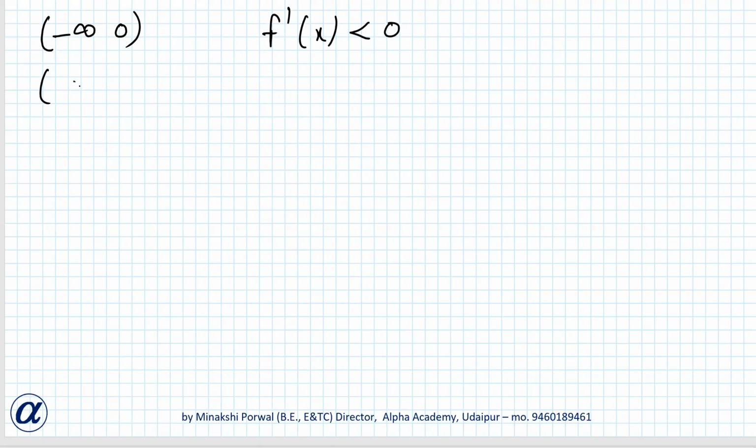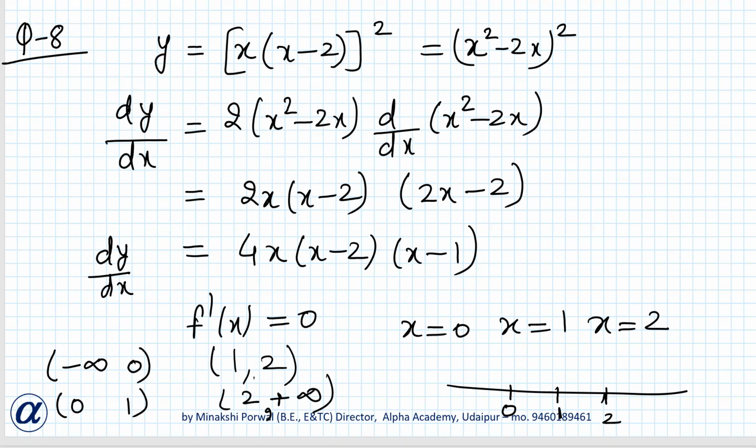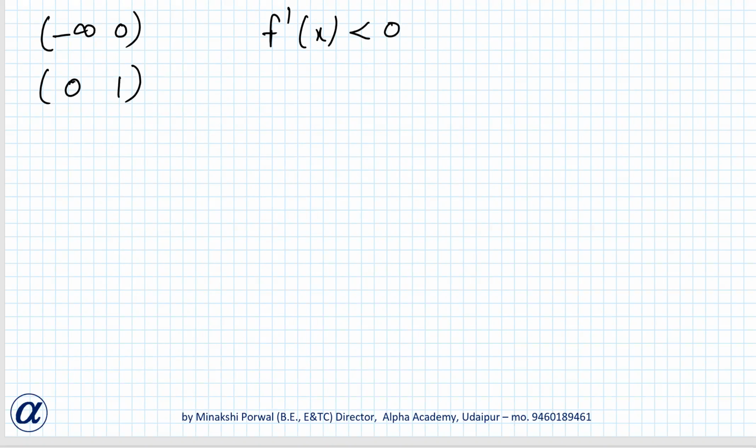Now from 0 to 1, suppose I substitute 1 by 2. 4 into 1 by 2 will be a positive number, 1 by 2 minus 2 will be a negative number and 1 by 2 minus 1 will be a negative number. These two negatives will make it positive. So f dash x will be greater than 0 here.